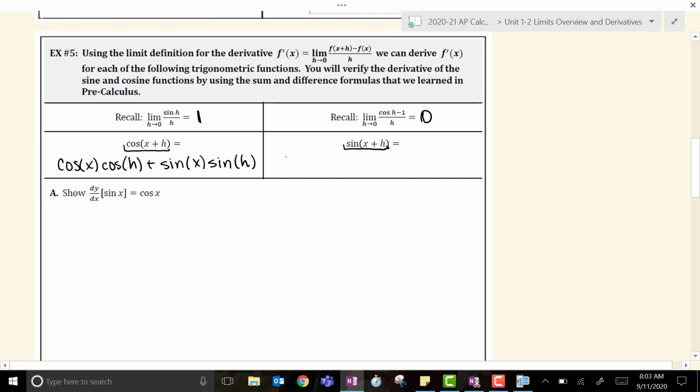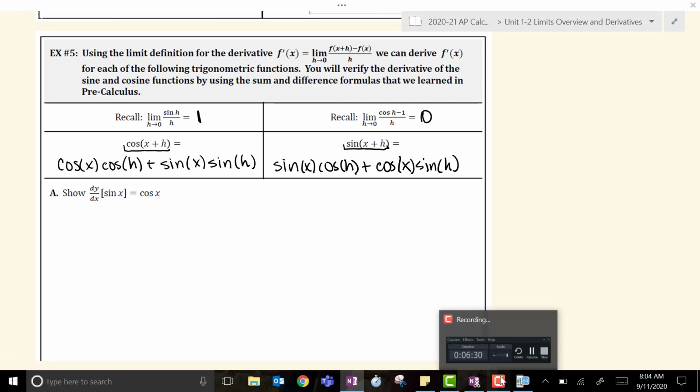And with sine of x plus h, you would have sine of x cosine of h, plus cosine of x sine of h. And these are just some identities that we pulled from prior knowledge.